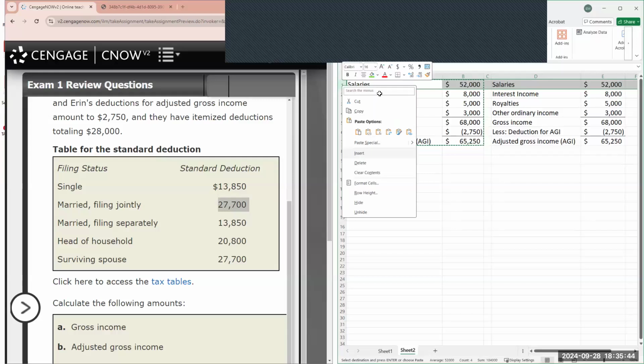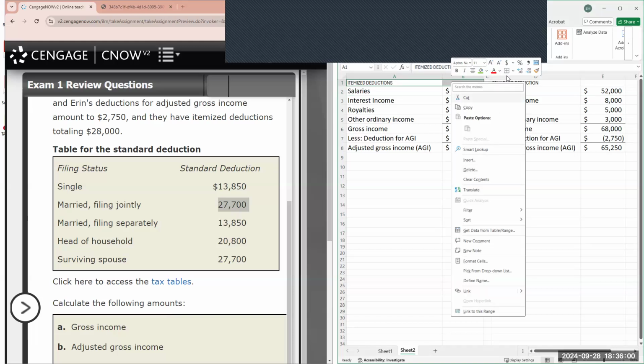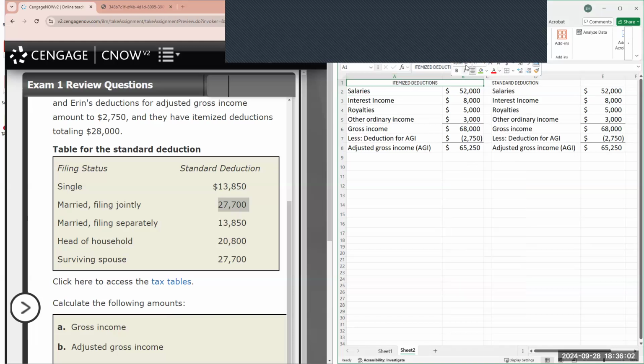This first example would be itemized deductions, and the second example would be standard deduction, so that you can see side by side the benefit of choosing the greater of the two.